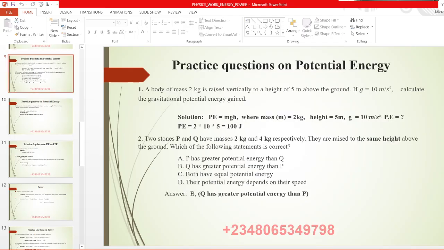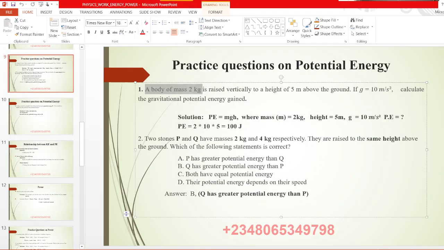Practice questions on potential energy. A body of mass 2 kg is raised vertically to a height of 5 meters. This is gravitational potential energy above the ground. If g is 10 meters per second square, calculate the gravitational potential energy gained. Recall that potential energy equals mass times gravity times height. What are the parameters supplied in this question?